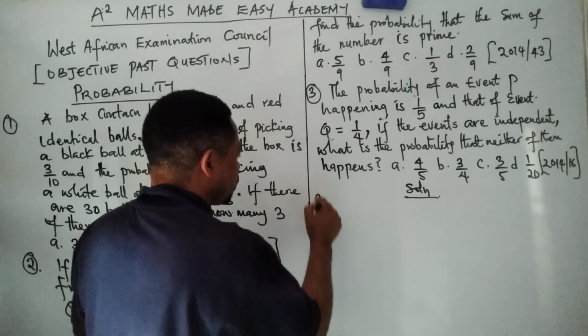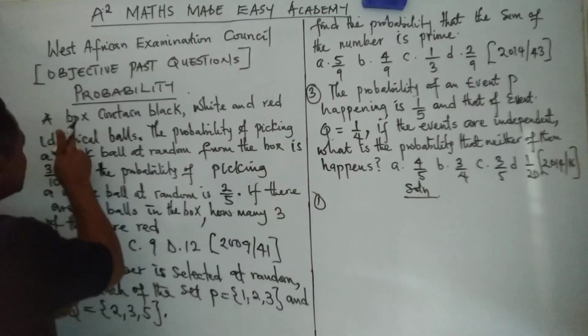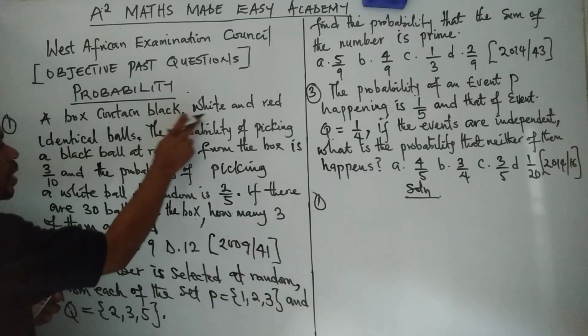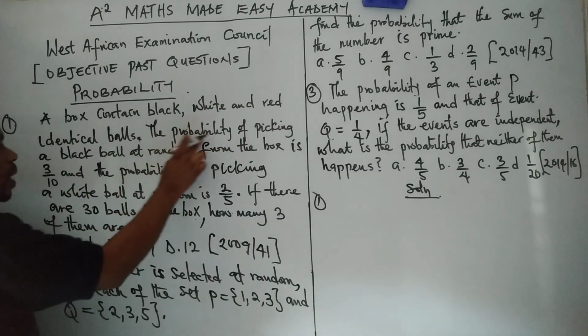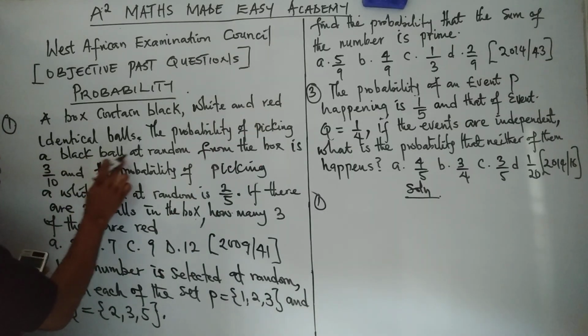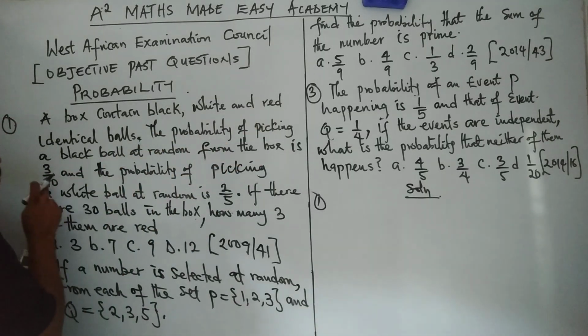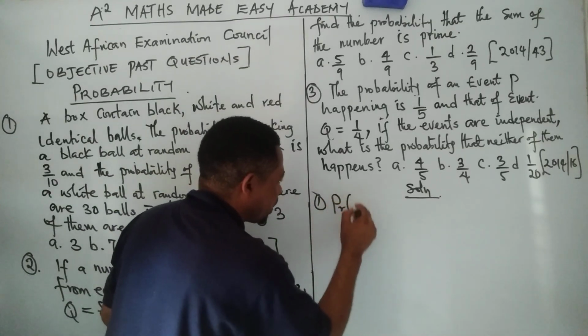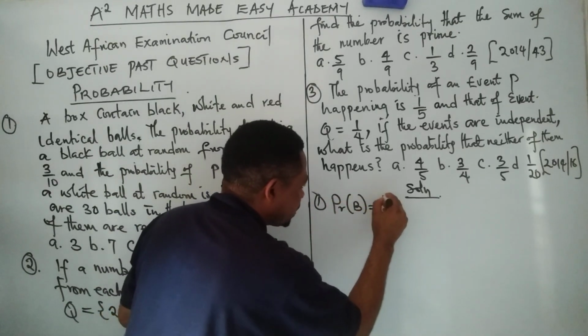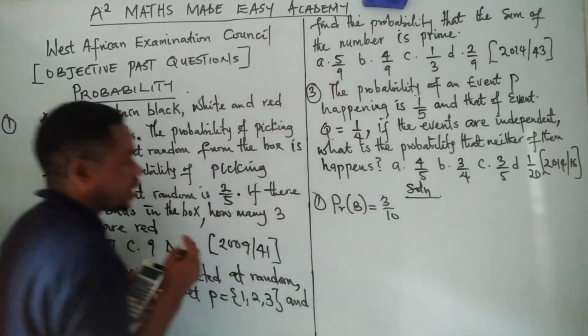Now we are into question number one. The question says a box contains black, white, and red identical balls. The probability of picking a black ball at random from the box is 3/10. So let's bring it out. The probability of picking a black ball is how many? 3/10. Are you there now?